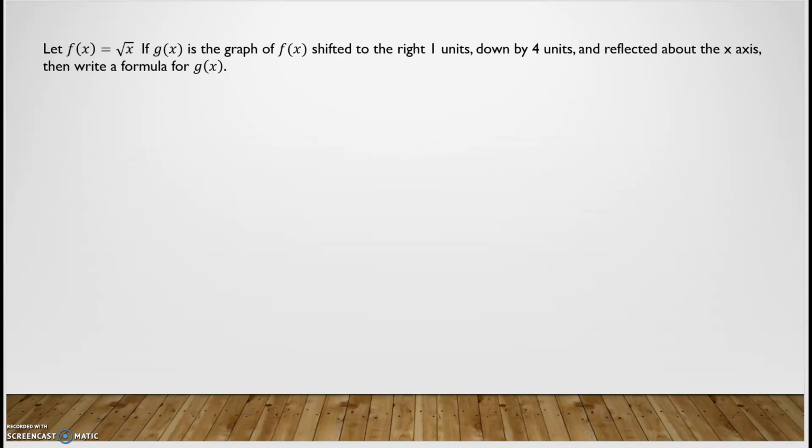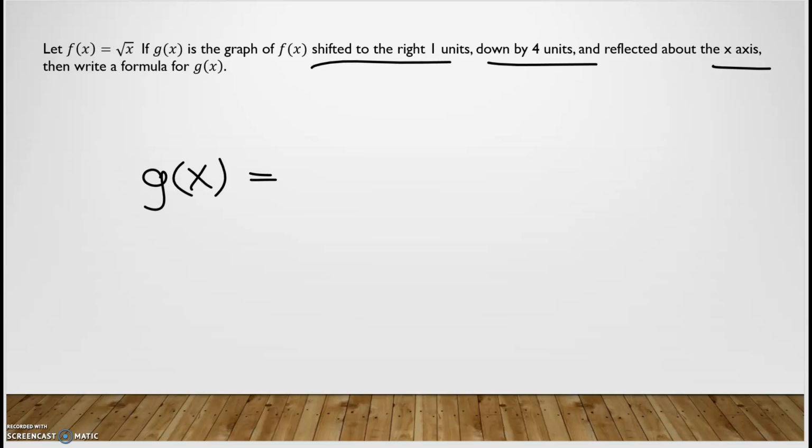Okay, let f of x be the square root of x. If g of x is the graph of f of x shifted to the right 1 unit, down by 4 units, and reflected about the x-axis, then write a formula for g of x. Okay, so g of x, number 1, we got shift to the right. Now we're going down, and we are reflected about the x-axis.